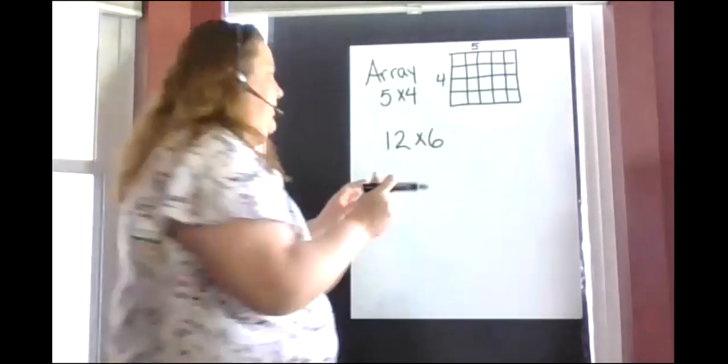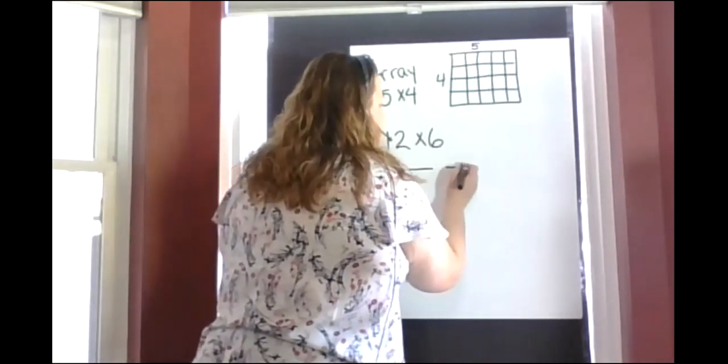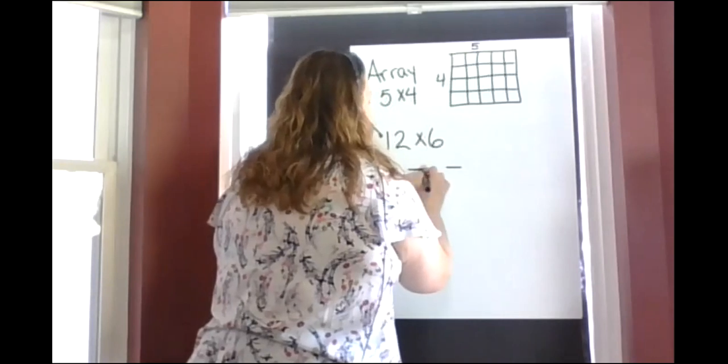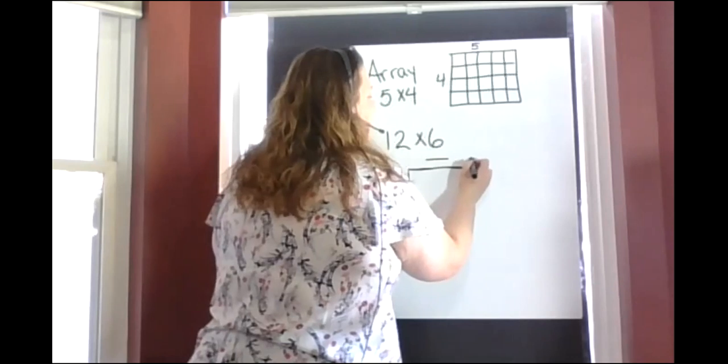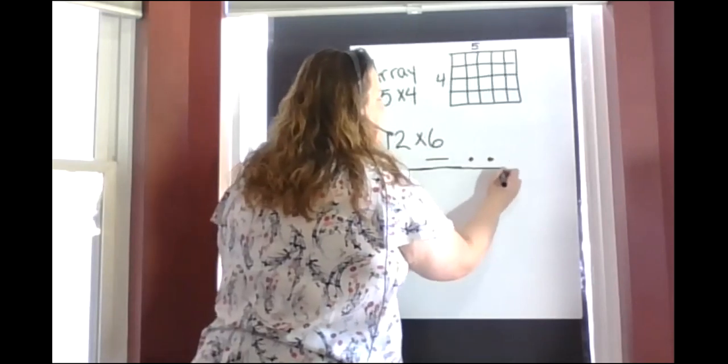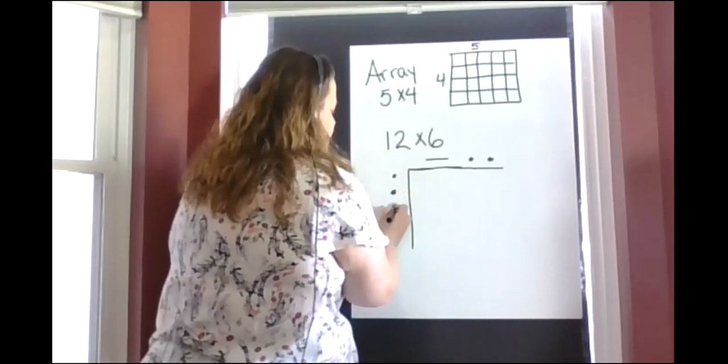We saw Graham Fletcher do that as a 12. A 12 is a 10 and 2 1s. A 6 is going to be 6 1s.